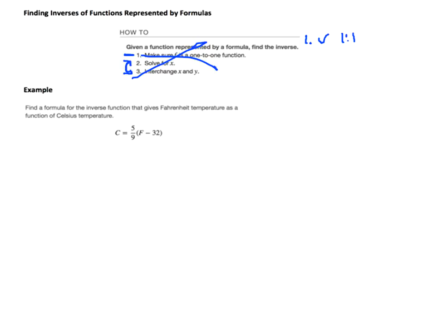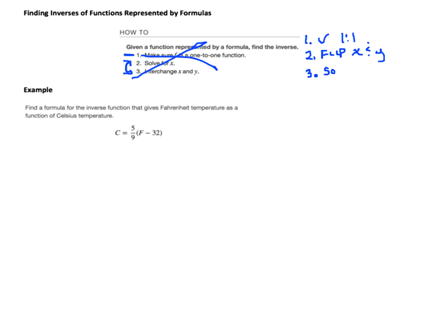1, check for one-to-one. The second step, since you know that the range of the function is the domain of the inverse function and vice versa, you want to flip your x and your y, and in this case it's going to be my C and my F, in your equation itself.